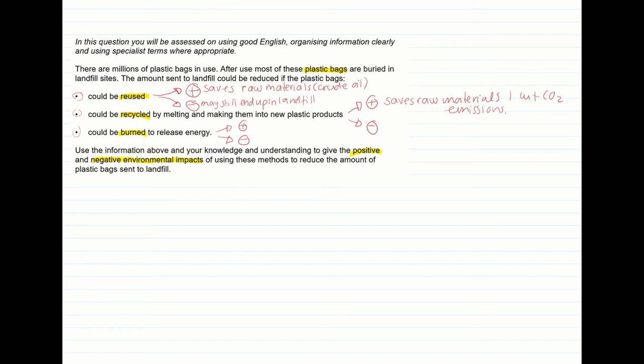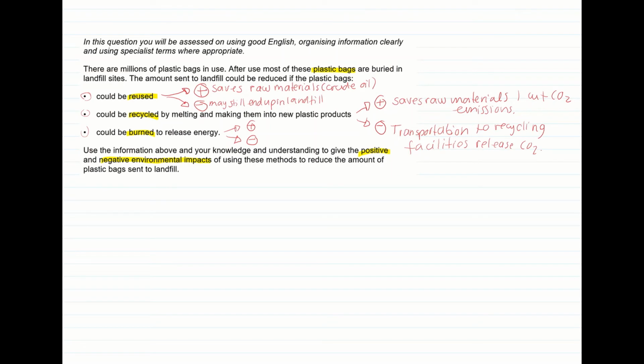One of these would be that transporting things to recycling centres will still release a lot of CO2 emissions, right? So obviously, if we are putting things in the bin and they're being collected by big trucks, these trucks will release CO2 gas as they are transporting.